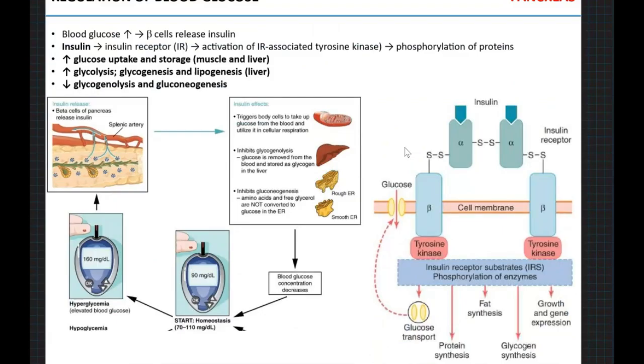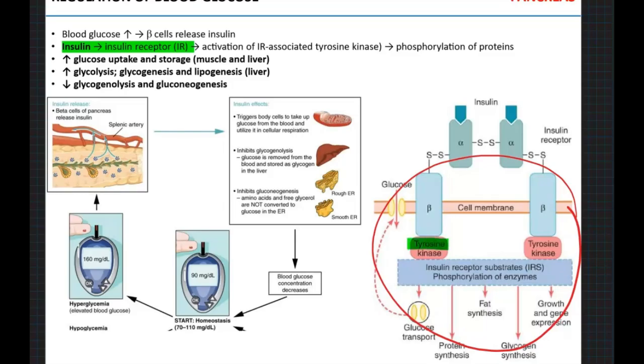So what are the effects of insulin? So insulin, as a water-soluble hormone, binds to its receptor, shown here. And this receptor is the type that contains tyrosine kinase.